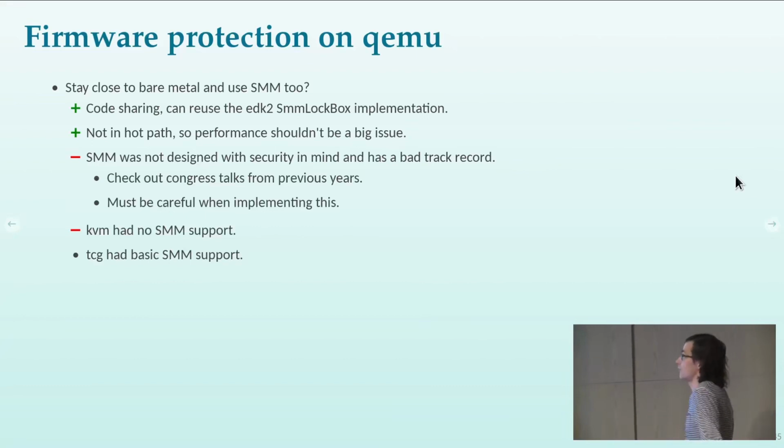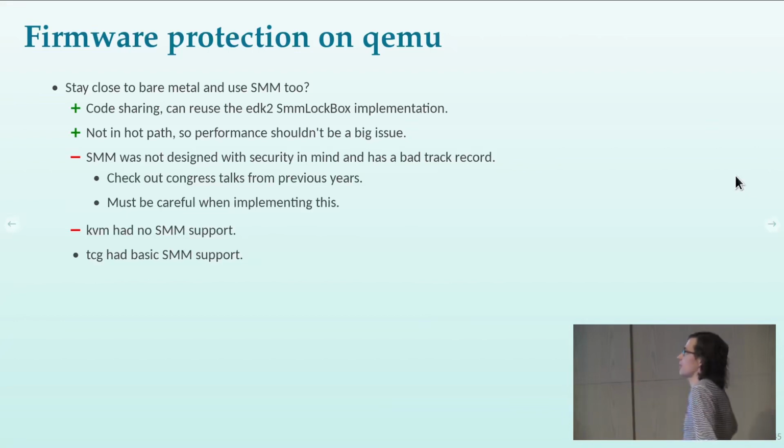Performance shouldn't be that big of an issue. The problem is that system management mode was originally designed for something else, not for security, and so it has a pretty bad security track record. You can check the talks from previous Congress years about various attacks on system management mode. So we have to be quite careful if we go this route.